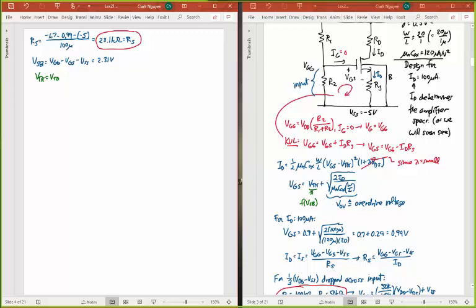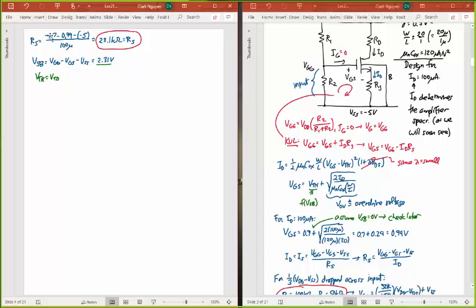So the assumption that I made in putting this in here was 0 volts, that VSB was 0 volts. Okay, I'm going to assume that to start, but I need to check this later. And I've already checked it. It's not 0 volts. I just said it's 2.31 volts.